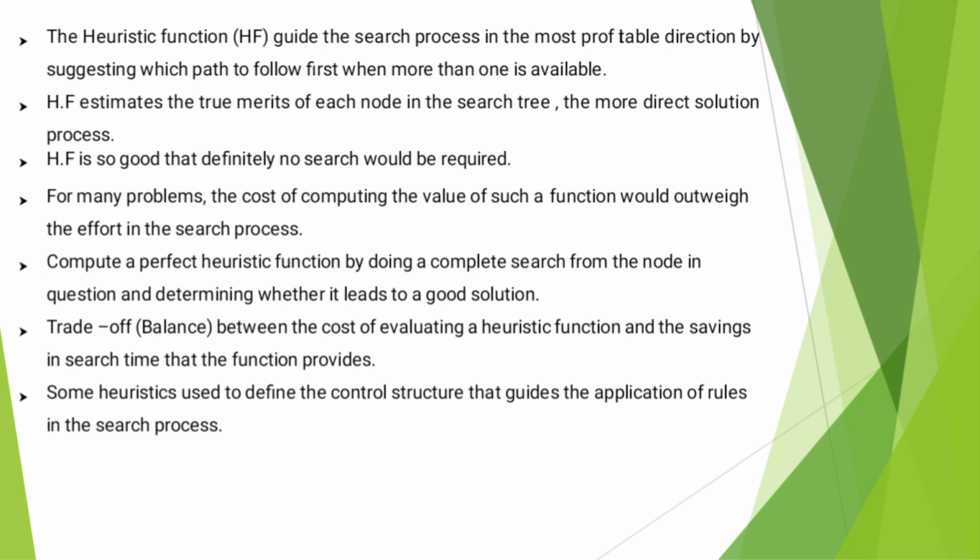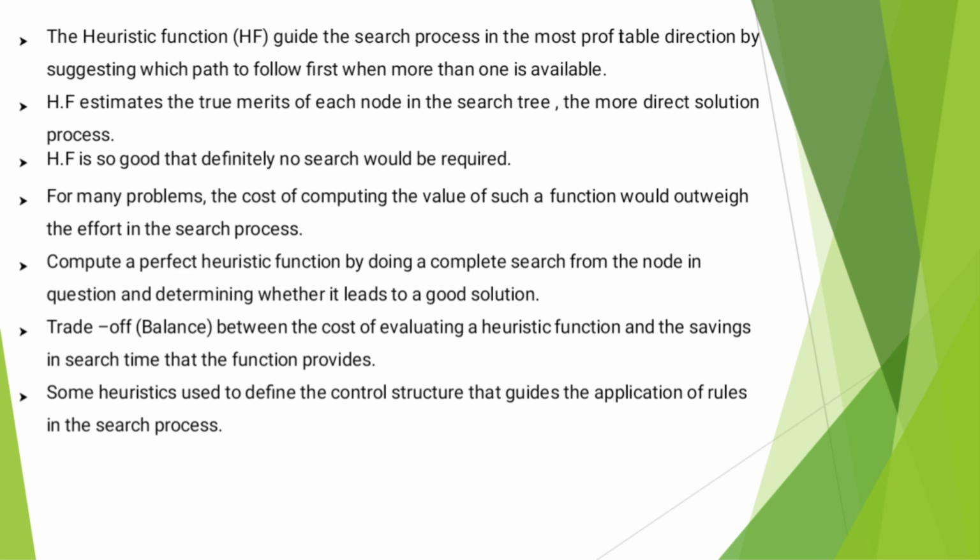A heuristic function estimates the true merit of each node in the search tree, and so directs the solution process. If the heuristic function were so good that it was perfect, definitely no search would be required. For many problems, the cost of computing the value of such a function would outweigh the effort saved in the search process.